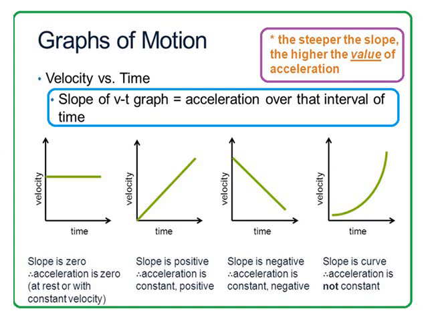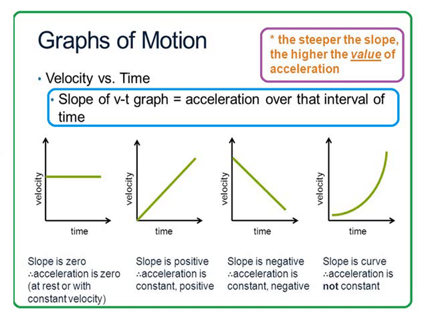Here, we are seeing with velocity time graph. The slope of the velocity time graph gives you the value of acceleration, and that's what it is given in the blue border. Slope of a VT graph is equal to acceleration over that interval of time.